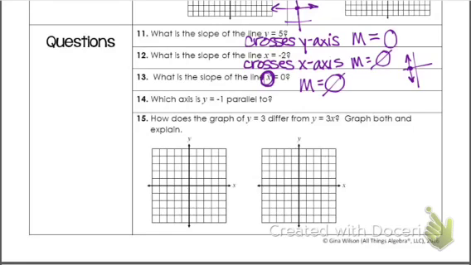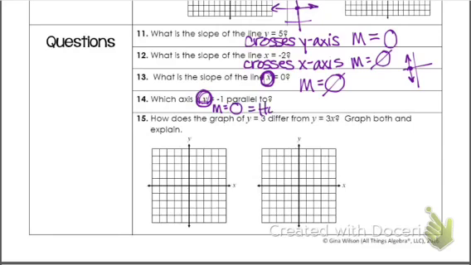Okay, look at number 14. Which axis is y equals -1 parallel to? Parallel means that they don't cross each other at all. So if it starts off with y equals, what kind of slope does that line have? It has a 0 slope. So if it's a 0 slope, is it a vertical or horizontal line?